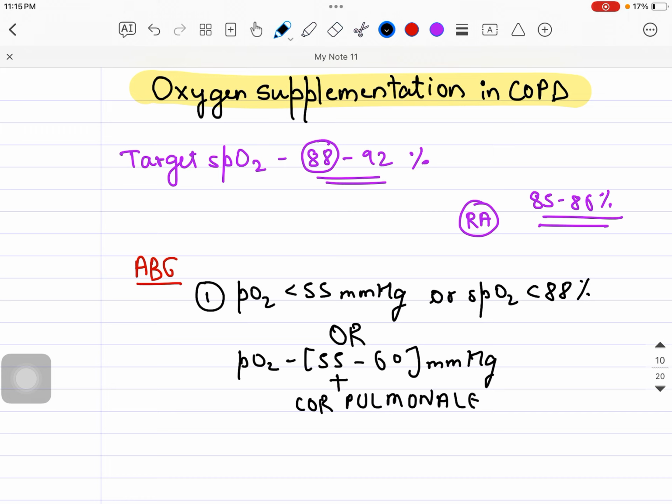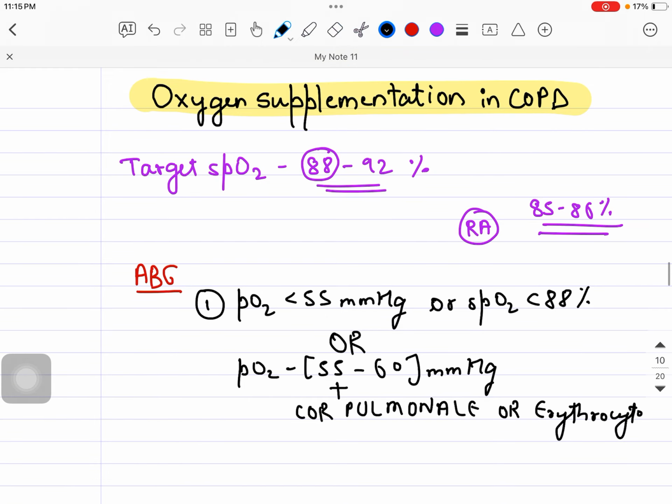The patient may have pedal edema, distended neck veins, cardiomegaly in the chest x-ray, right? So these kinds of features might be there. Or the patient may have erythrocytosis, right? In such a scenario, the patient is eligible for supplemental oxygen.